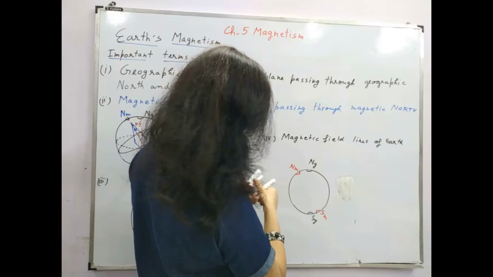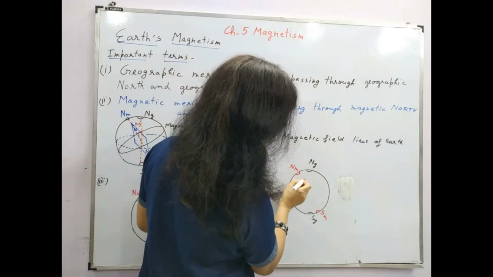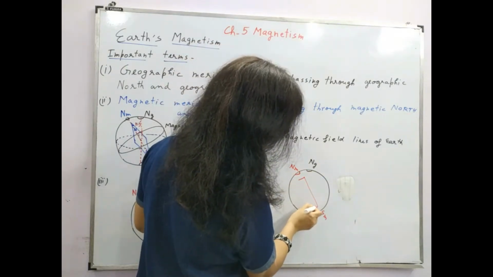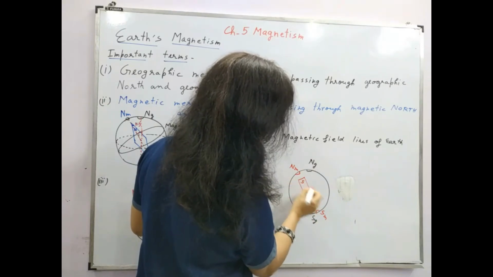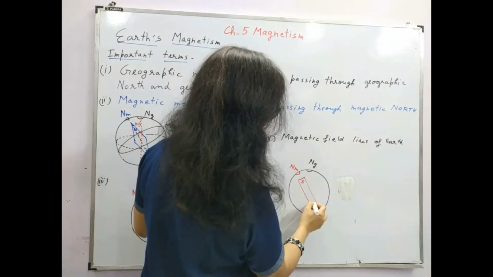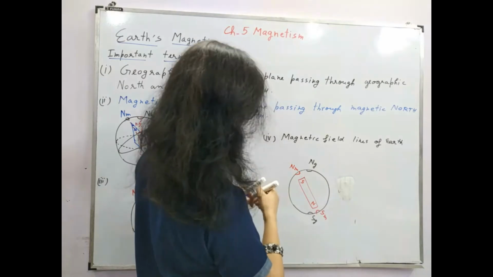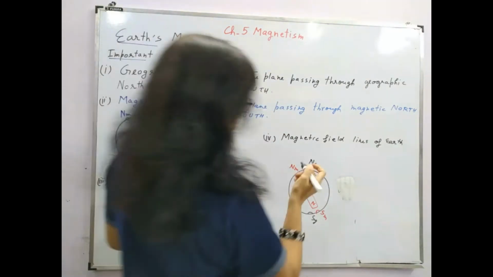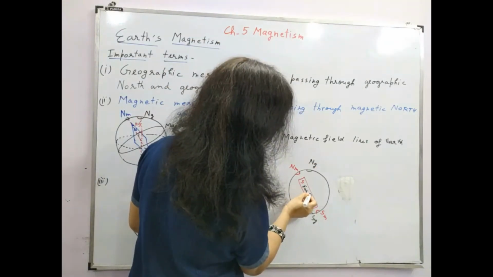I know that my imaginary Earth's magnet has this south and this north. So this is Earth's magnet.